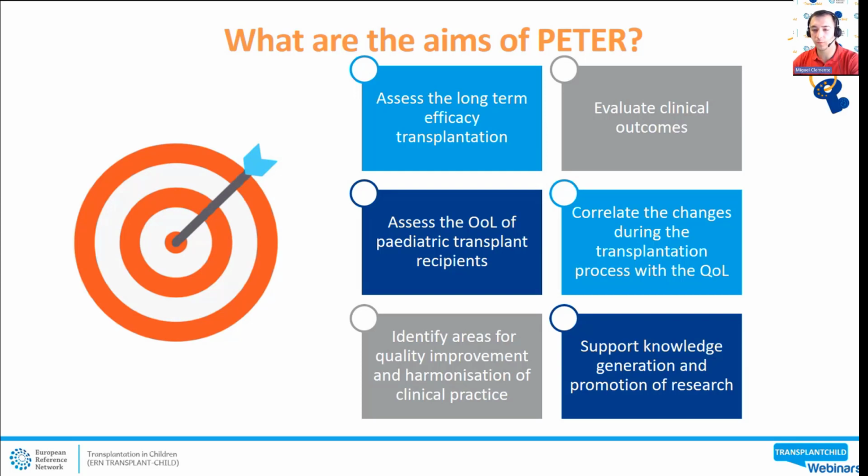It is important to manage comprehensive information about the transplantation journey, since this will enable TransplantChild to achieve the following objectives: to assess the long-term efficacy and safety of the transplantation, to evaluate clinical outcomes, including graft survival, complications, patient survival, and so on, to assess the quality of life of pediatric transplant recipients, to correlate the changes during the transplantation process with the patient's quality of life, to identify areas for quality improvement and harmonization of clinical practice, and to support the knowledge generation on the pediatric transplantation process and the promotion of research.